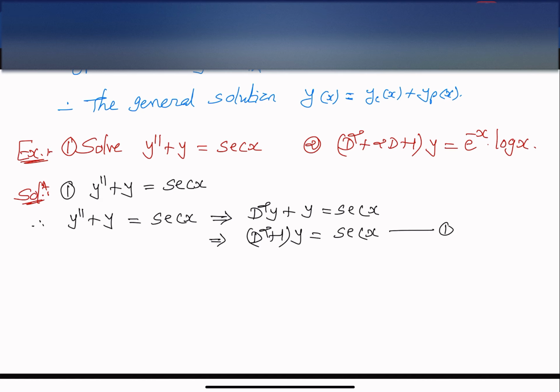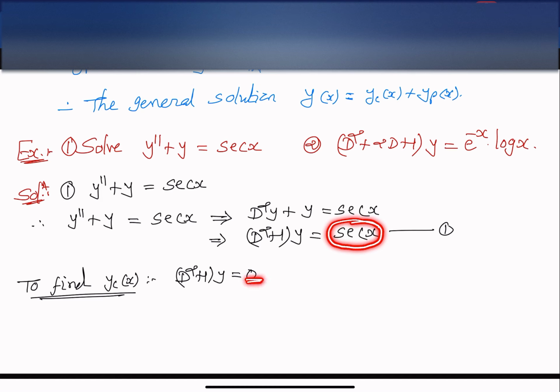Now what we do in case 1, we write to find ycx. What we do? We consider the right hand side as 0. Right. So in place of this bracket, I always write 0.